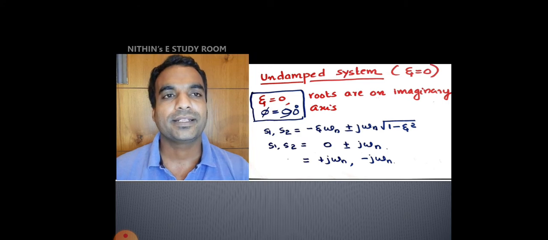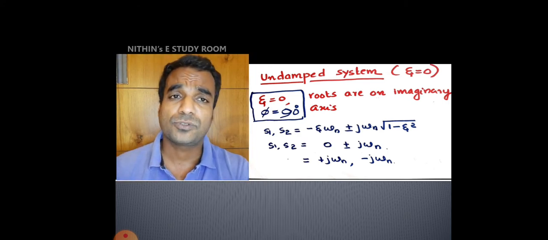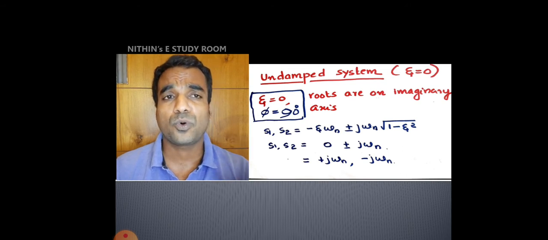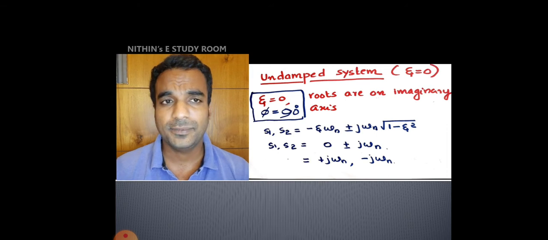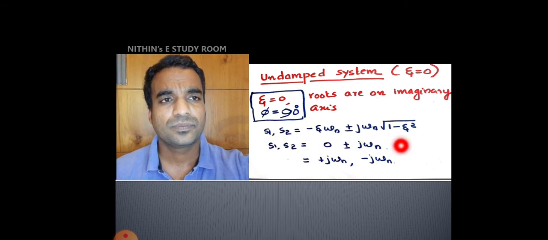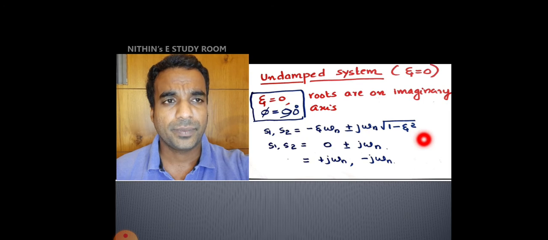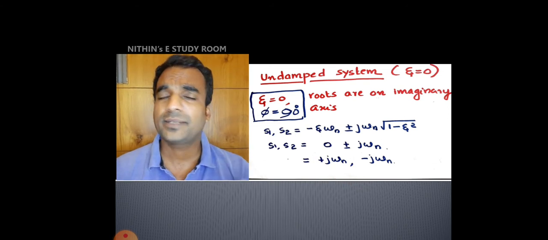Phi being 90 degrees means the roots are placed on the imaginary axis. From previous knowledge we also know that whenever the roots or poles are on the imaginary axis, the system will be marginally stable, and we get that mathematically as well. This was the equation of S1 and S2: minus eta omega n plus or minus j omega n root 1 minus eta square. If you substitute eta is equal to 0, the answer will be plus j omega n and minus j omega n.